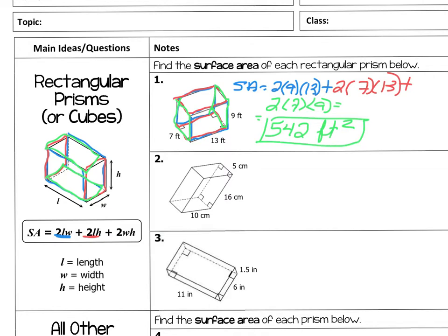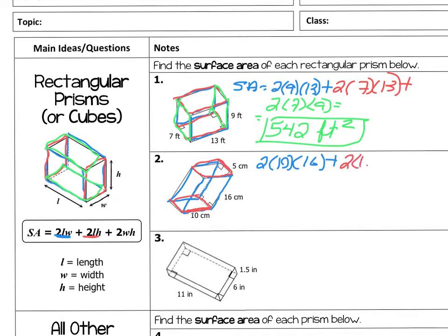Okay, let's go to the next one. So, let's go for the front here. This piece right here and that back one is going to be 10 by 16. So there's two of them. 10 by 16 plus, okay, and now we'll do this one here, the top and the bottom. So it's a 10 by 5.